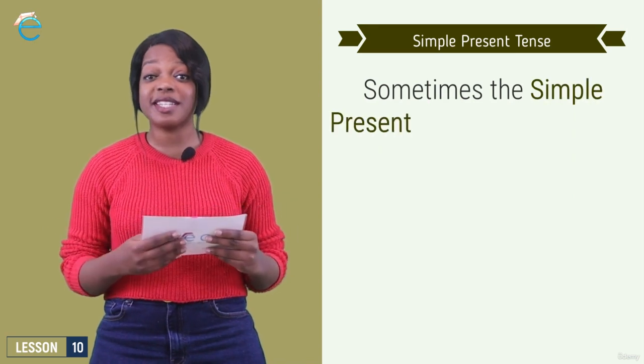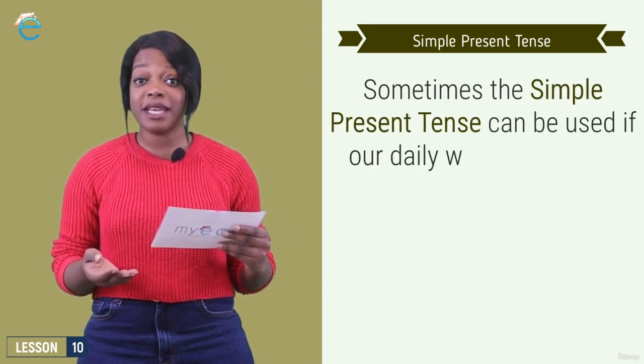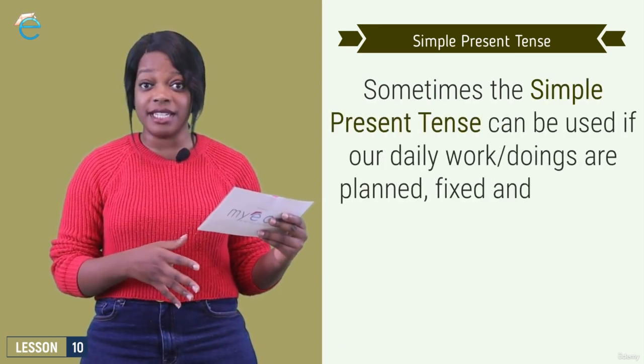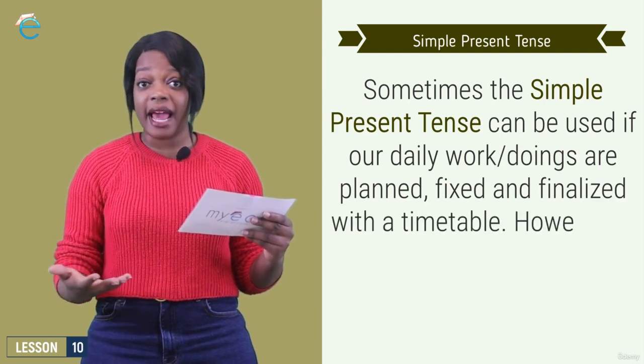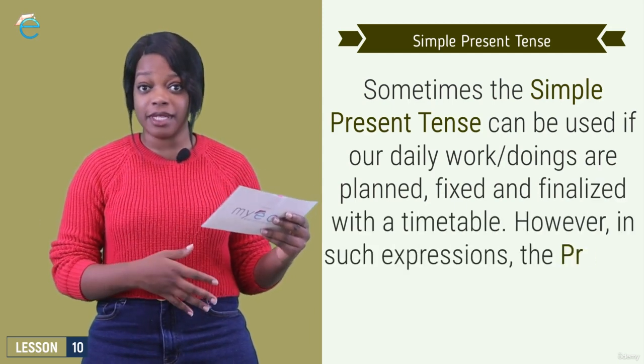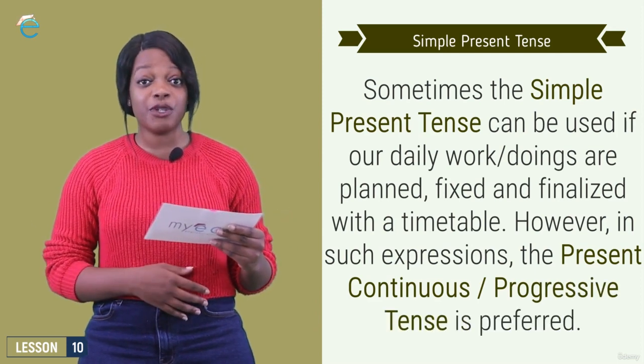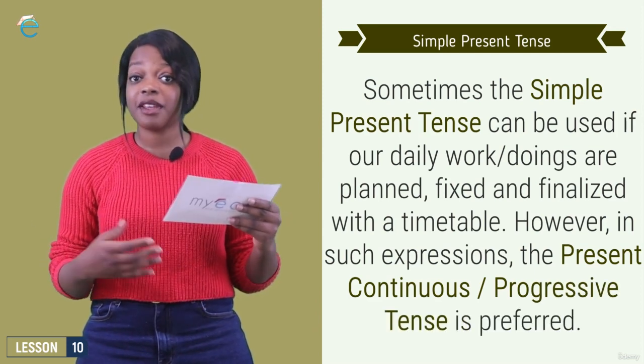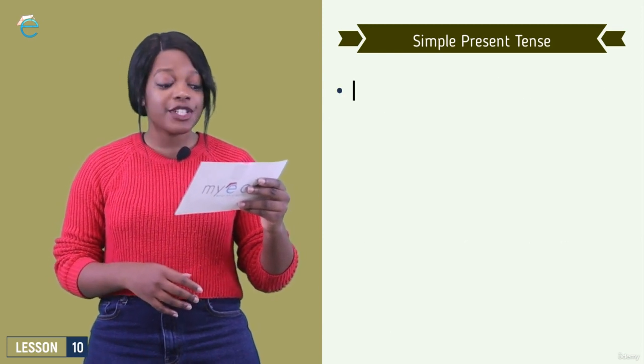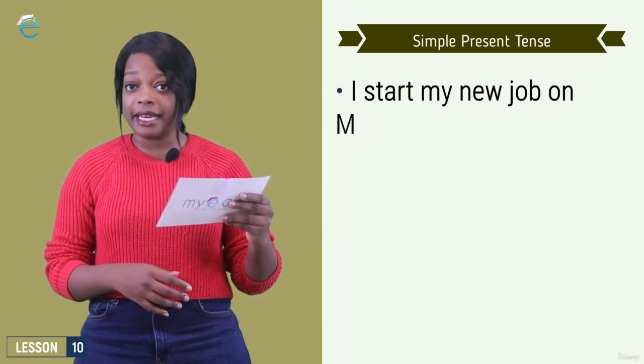Sometimes we can use the simple present tense when speaking about daily activities that are fixed, planned, or on a scheduled timetable. But in most cases, we still prefer to use the present continuous. For example, I start my new job on Monday.